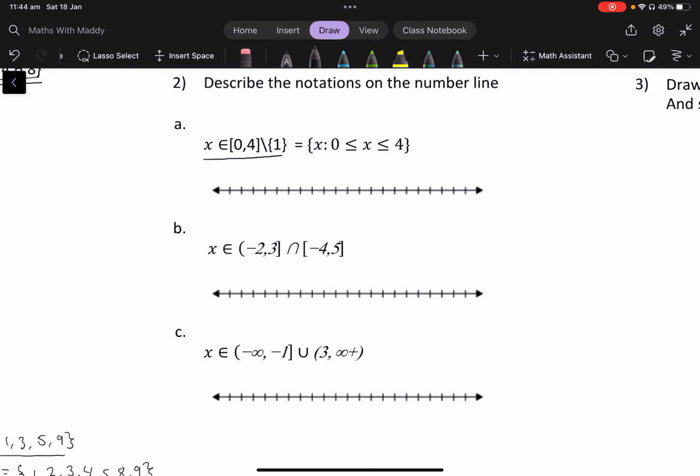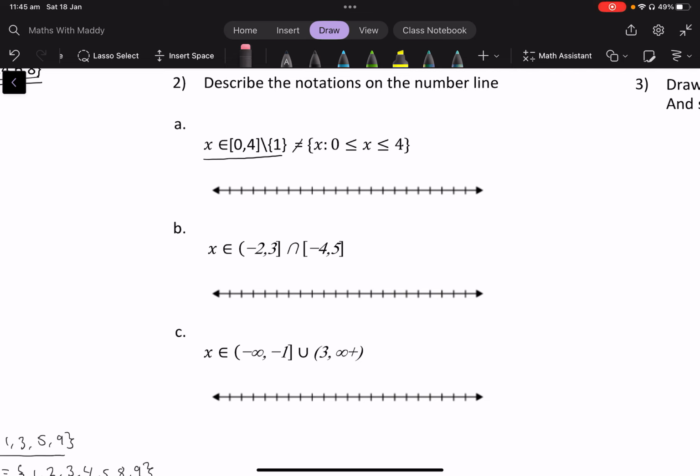Doesn't matter. So this is one way to write it with hard brackets excluding this set of values. Or we can see it as these curly brackets with X as the variable we're focusing on and an interval of 0 to 4. So this does not equal that.